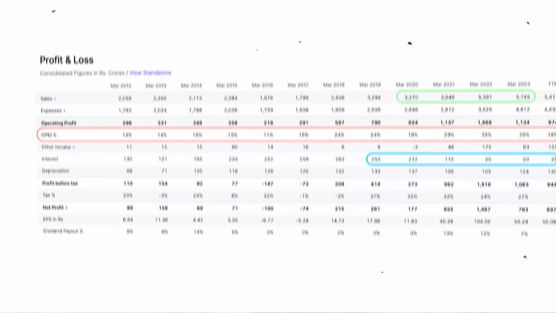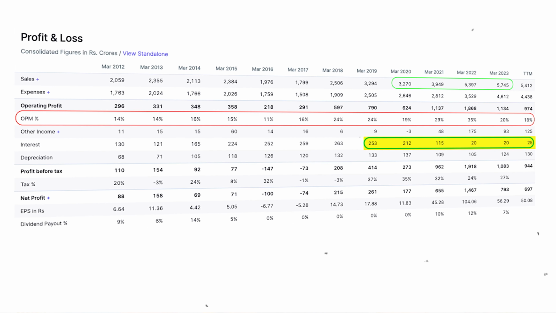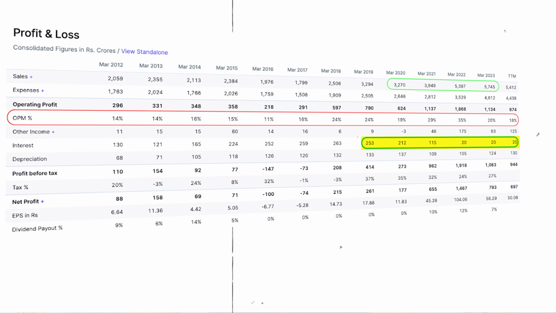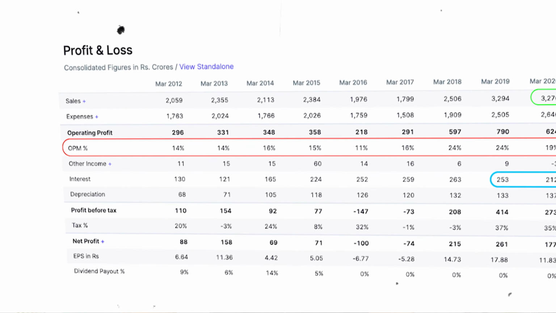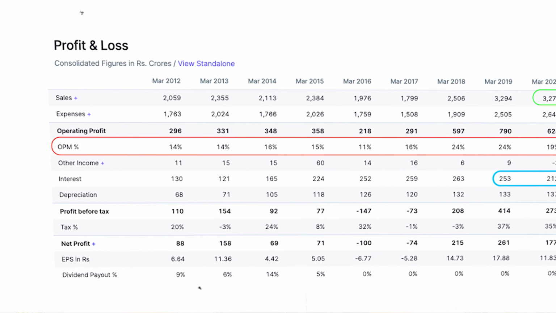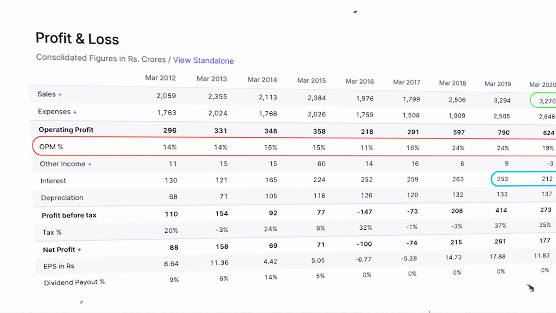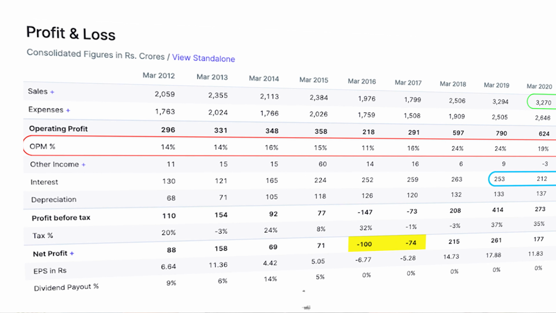And as a result of that, you can see that the debt has reduced substantially from almost 250 crores to down to 25 crores. And as of now, the company has no long-term debt on its books, right? As a result of that, profitability has increased. So 2016 and 17 were where we had the lowest steel prices, those were the worst years for the industry, where the company made a loss of around 100 crores to 74 crores.